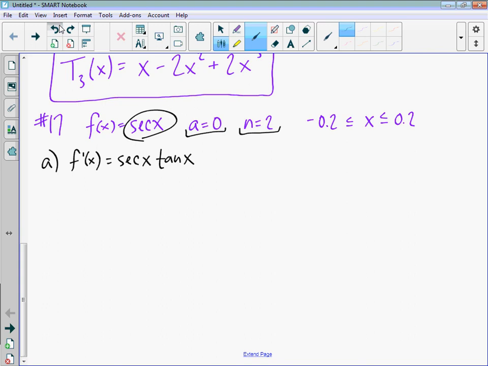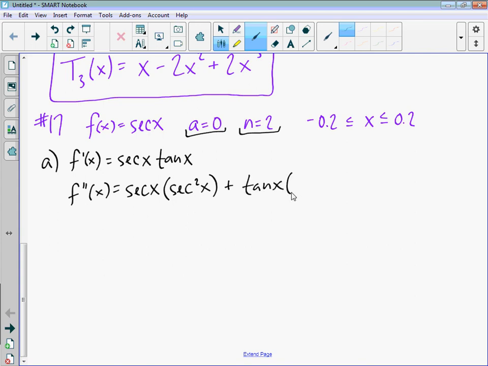Okay, so we've got that piece there. Our second derivative is, so here we'd have to use product rule. So we'd leave secant x alone. And what's the derivative of tangent? Secant squared. And then, okay, so first times the derivative of the second, plus the second.